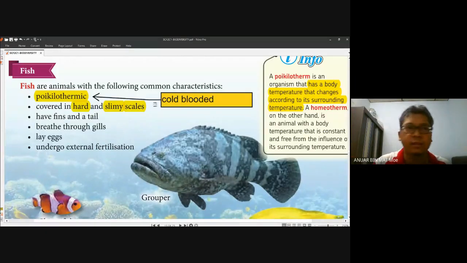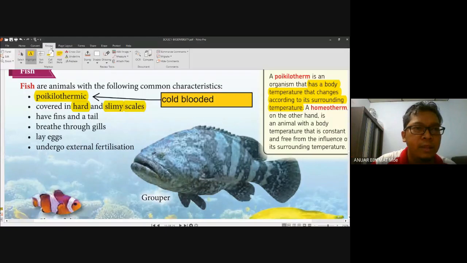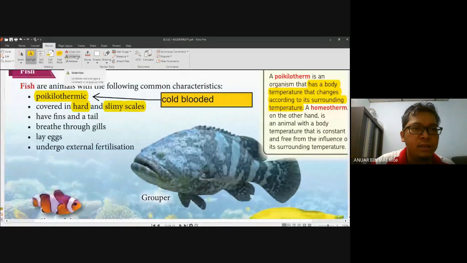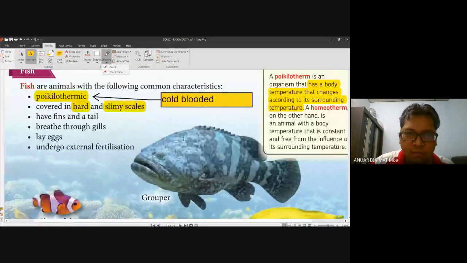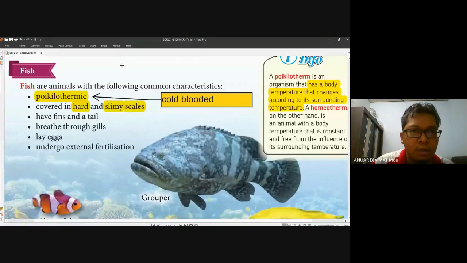The second characteristic is that it is covered in hard and slimy scales. So what is a scale? In Malay we call it sisik. If I draw the fish here, this is a scale, and this is another scale.